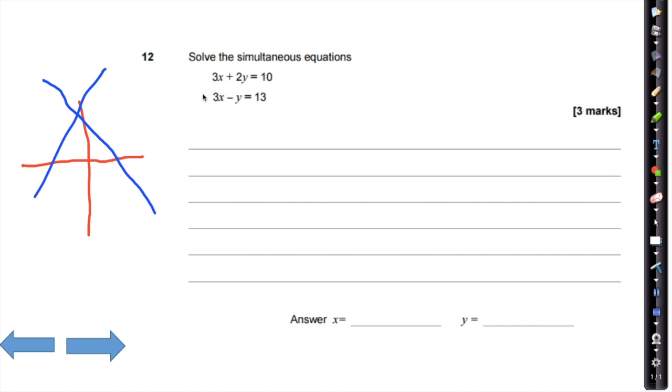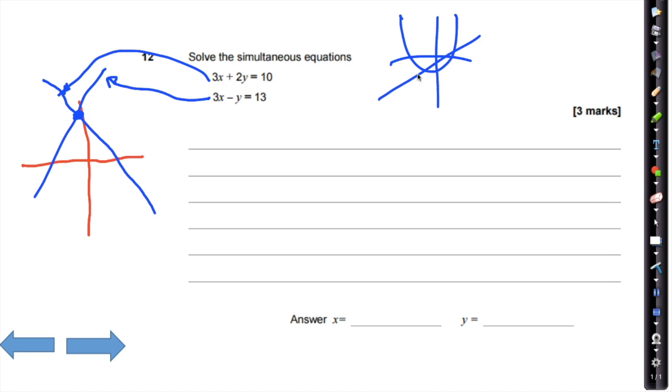So that would be our 3x minus y equals 13, and our 3x plus 2y equals 10 would be something like that. And when we're solving simultaneous equations, what we're actually doing is finding that point at which they cross. Okay, if it's a quadratic, so if we just sketch, if it was a quadratic, we'd have something like that, and there may be a straight line going through it, in which case we'd expect to find two of these crossover points.